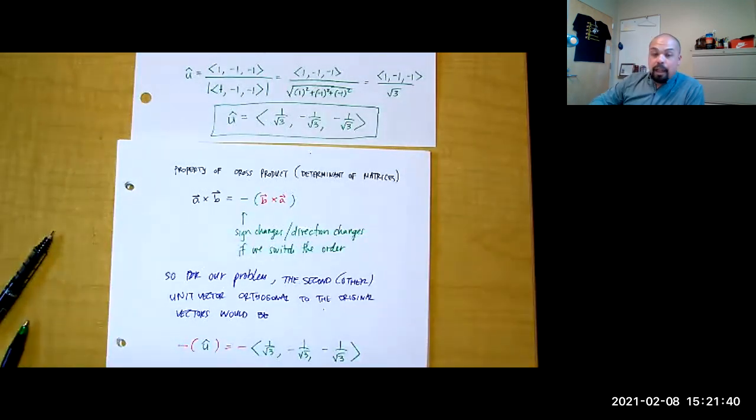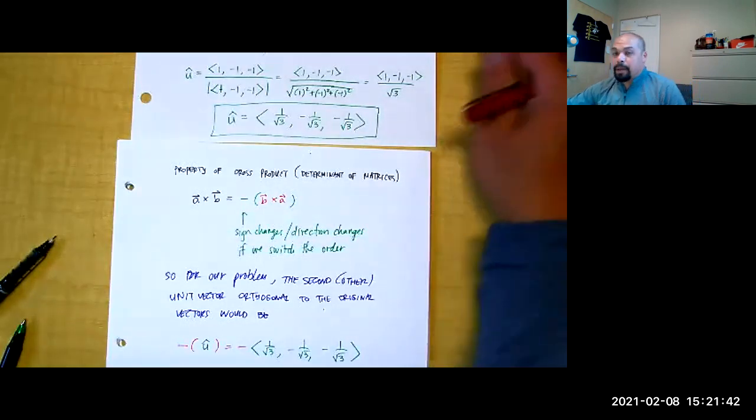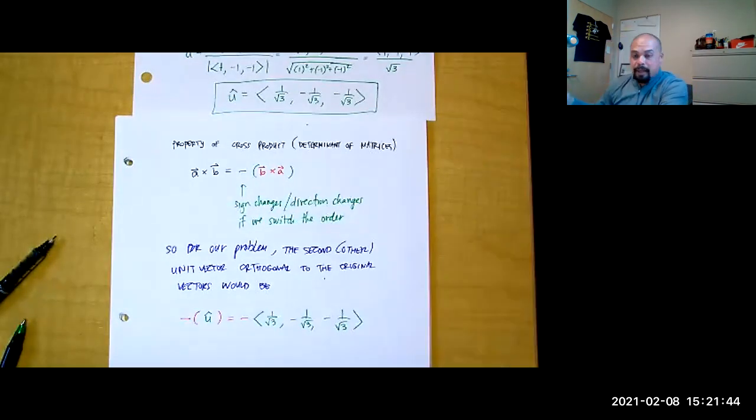So changing those signs throughout, distributing negative 1 through, let me call it vector v. I can actually put a little hat over it, because the magnitude will be the same.